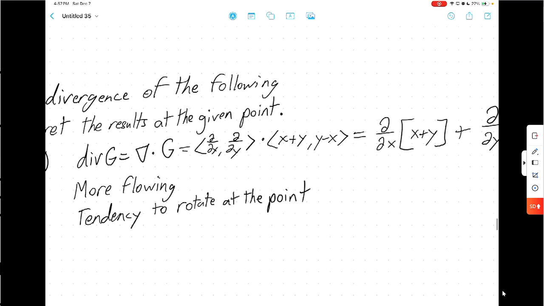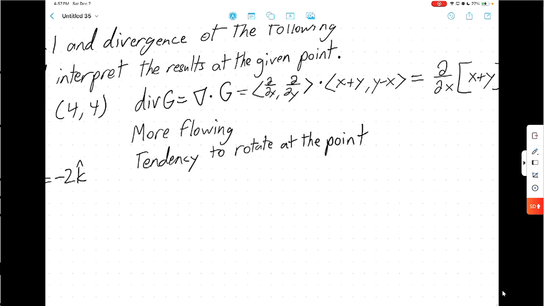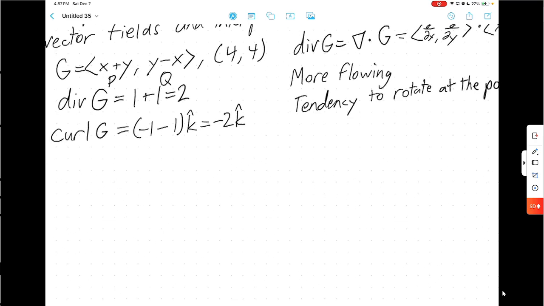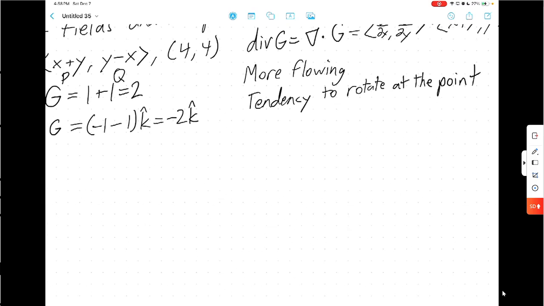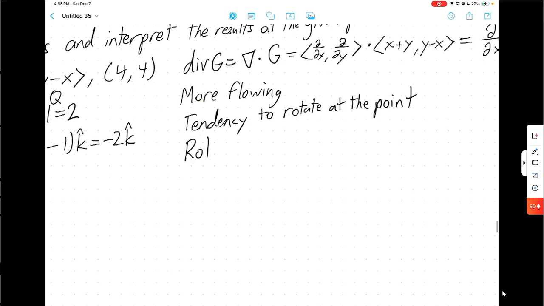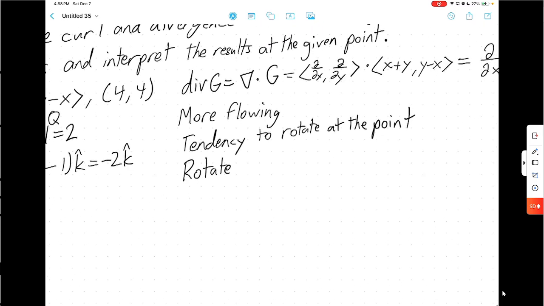Tendency to rotate at the point. What would be the speed and direction of any rotation? So I guess that's just the magnitude of the curl vector.